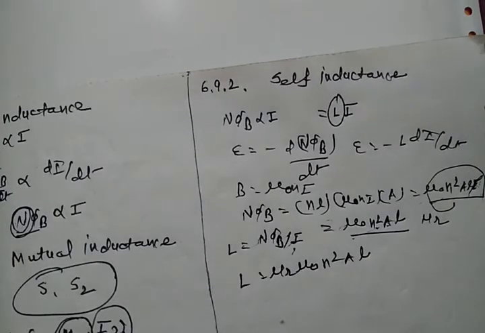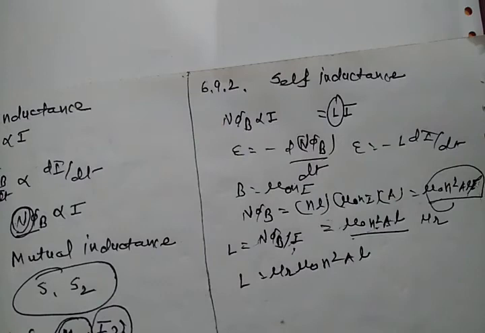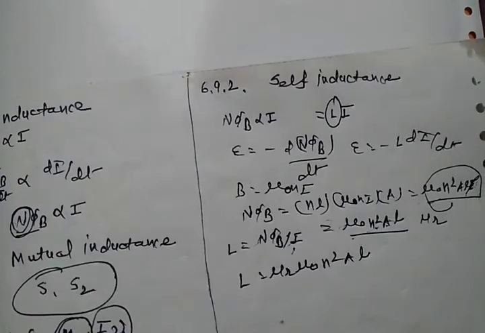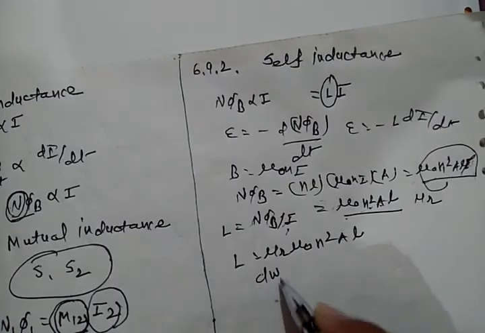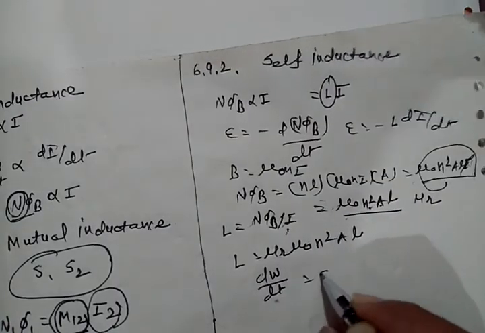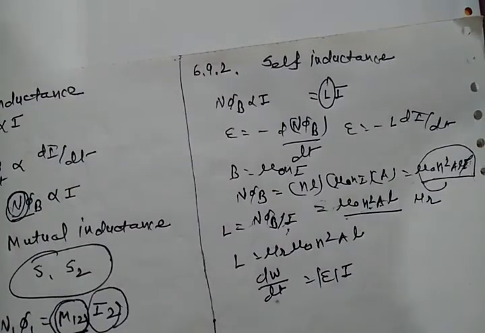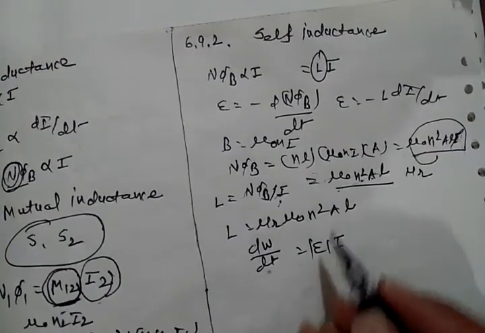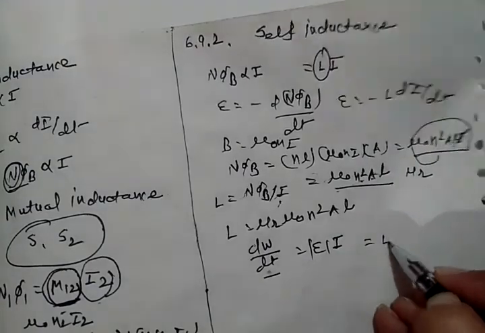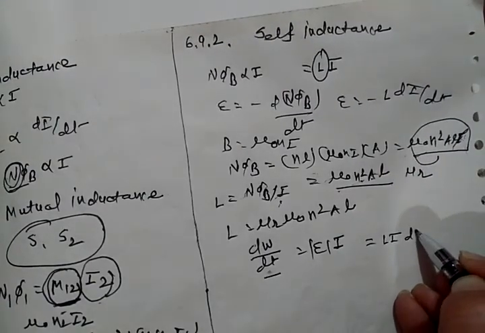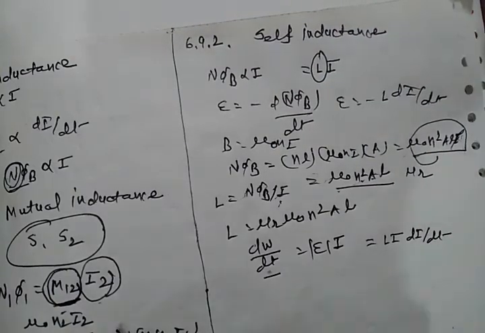Now work needs to be done against the back EMF in establishing the current. This work done is stored as magnetic potential energy. For current I, the rate of work done is dW upon dt equal to EMF into I. So dW dt is equal to L i di upon dt.